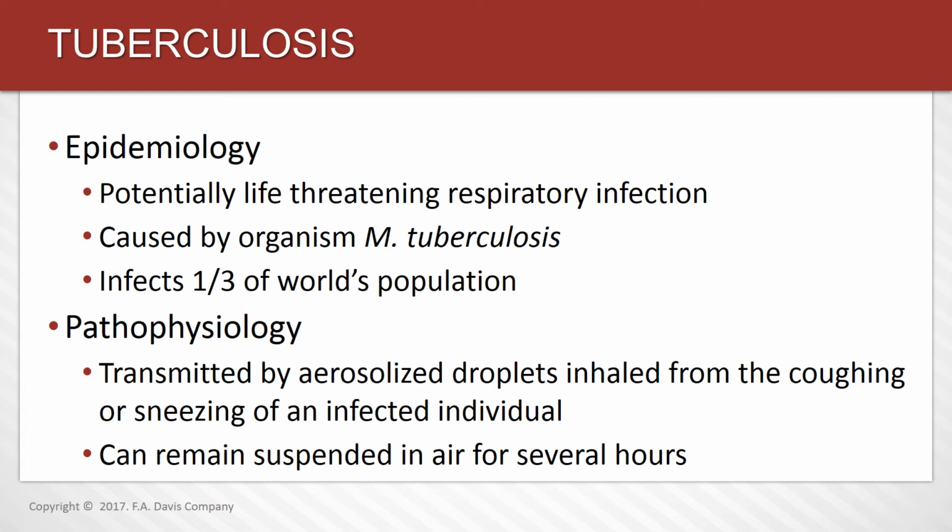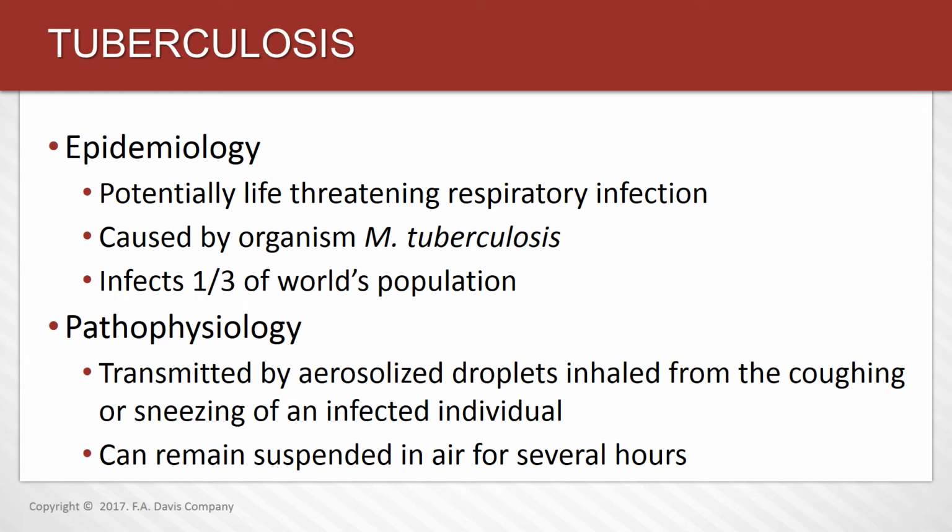The population living outside of the U.S., individuals in lower socioeconomic groups, and those people who don't have access to health care, and racial and ethnic minorities have the highest incidence of TB.